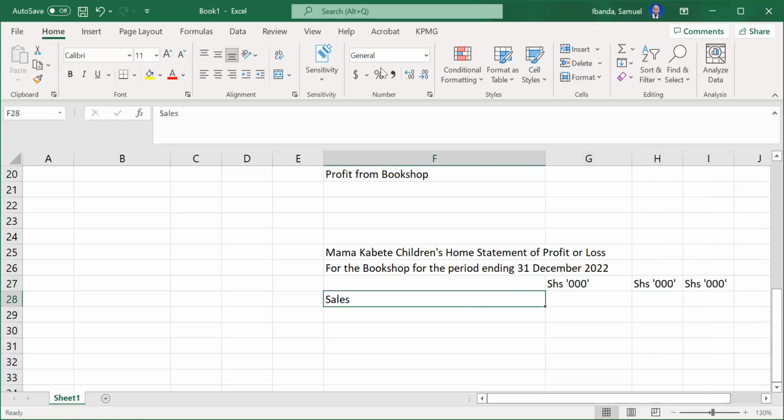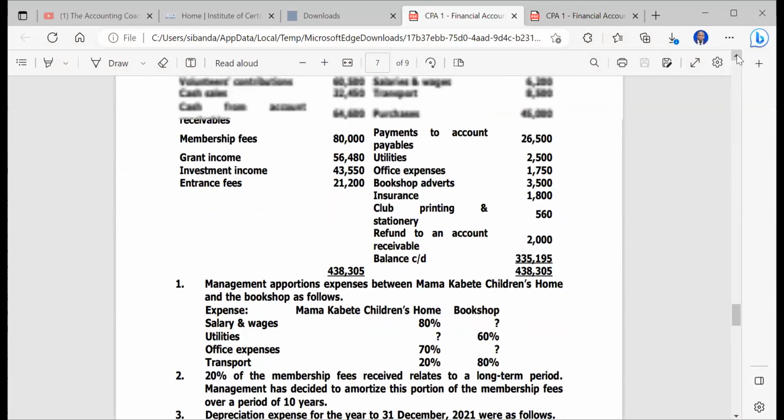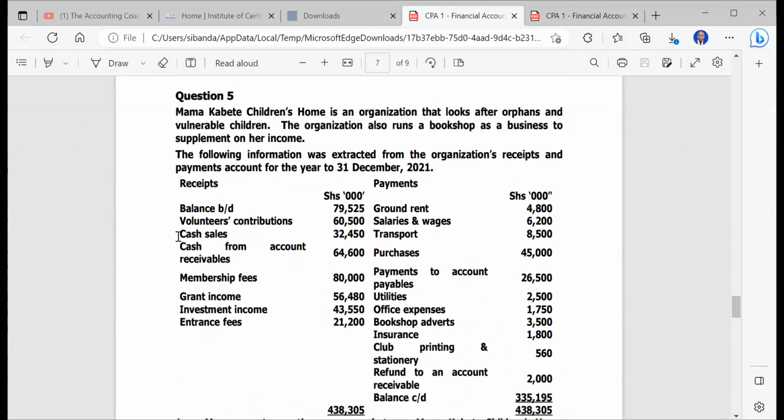So I need sales. Let me go back to my question and look for sales. Now I want you to look critically here. Here, they have given me cash sales. But remember, this entity also has receivables, the people that it sells to on credit. Okay, so I cannot just pick this cash sales.